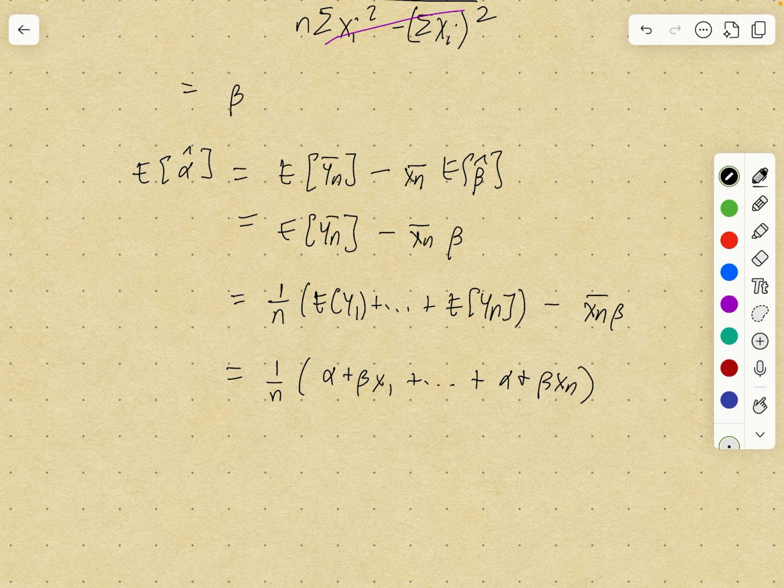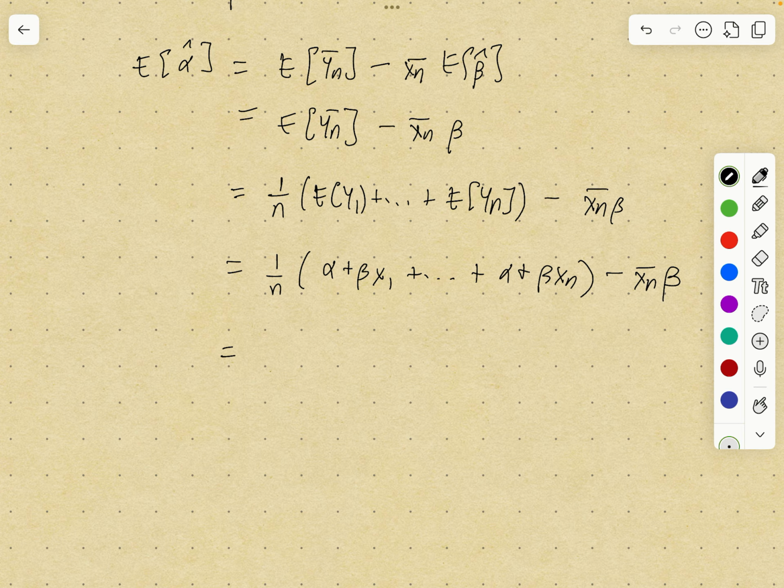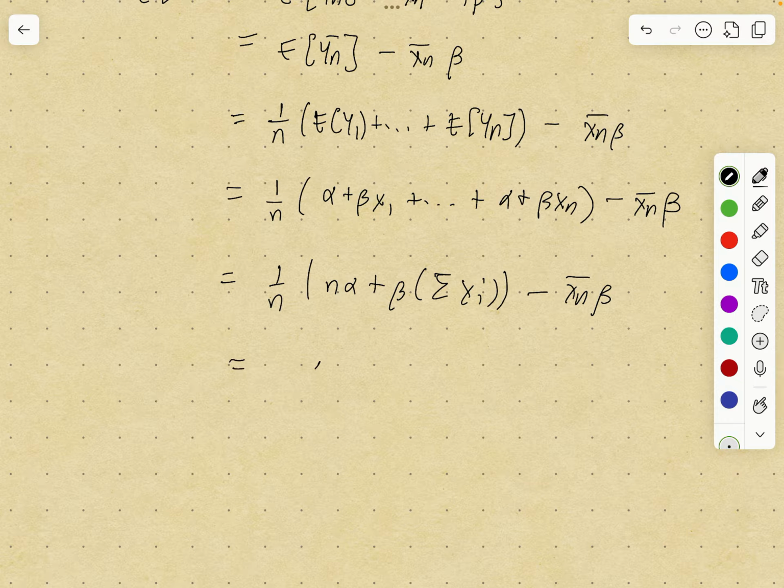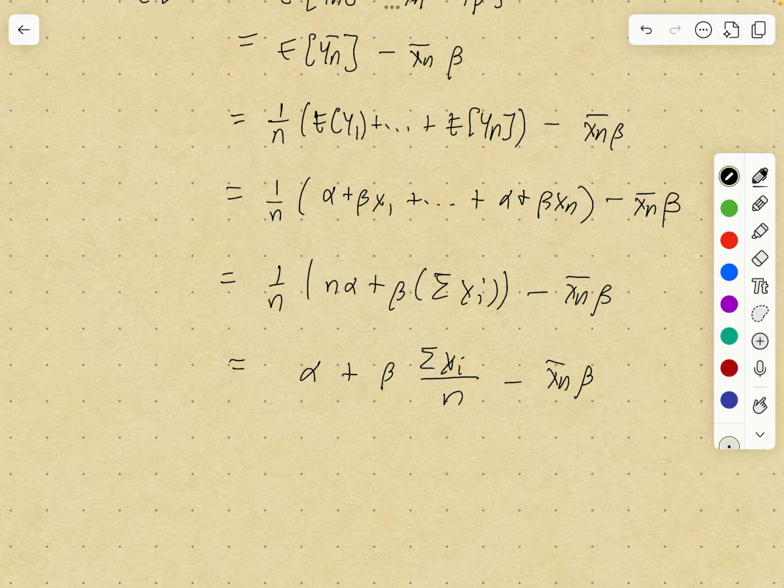Probably could have simplified this using summation notation, but whatever, you're going to get 1 over n times n alpha plus beta times the sum of the xi's, minus xn bar times beta. So that's alpha plus beta times the sum of the xi's divided by n, minus xn bar beta. And now these are going to cancel, and you're going to be left with alpha.